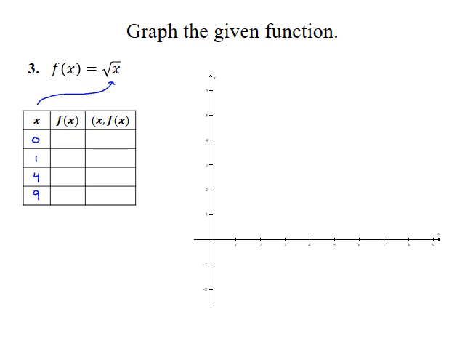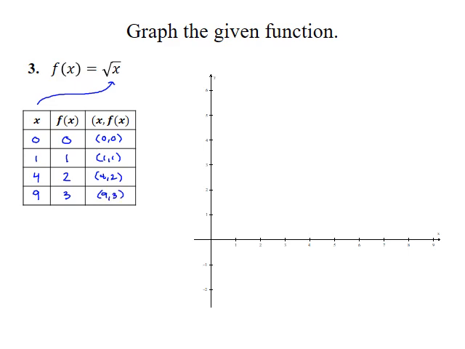So for example, the square root of 0 is 0, square root of 1 is 1, the square root of 4 is 2, the square root of 9 is 3. So that means I can form the 4 points of 0, 0, 1, 1, 4, 2, and 9, 3.